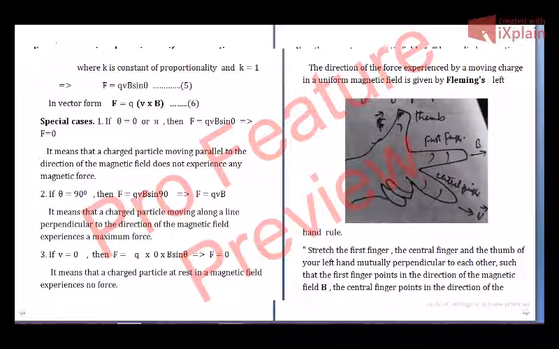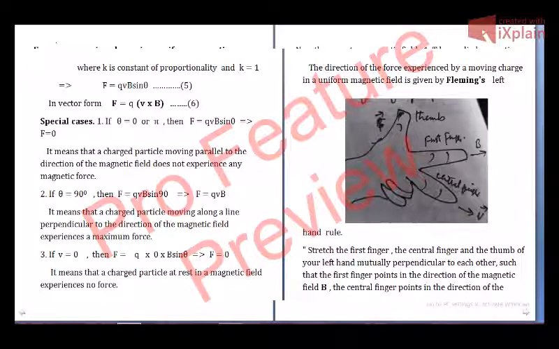Then if the first finger points in the direction of the magnetic field B, remember this, as in the figure it was from left to right, the central finger points in the direction of the velocity V, that is, in the direction of the current, the direction in which the charge is moving.